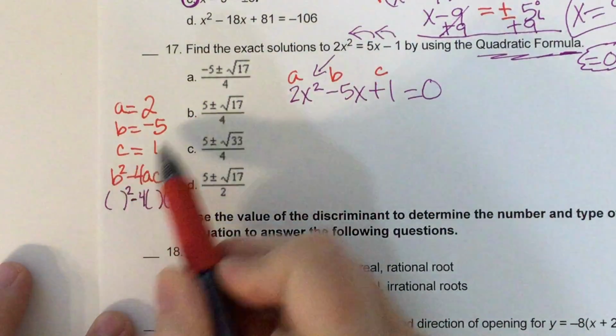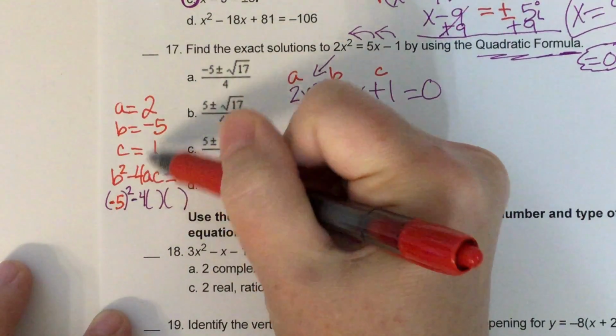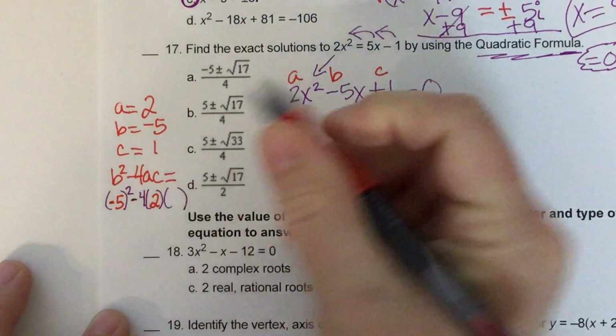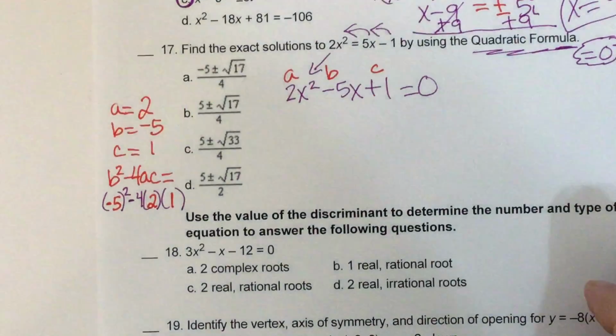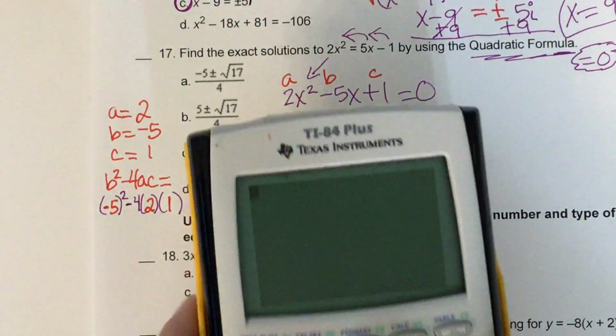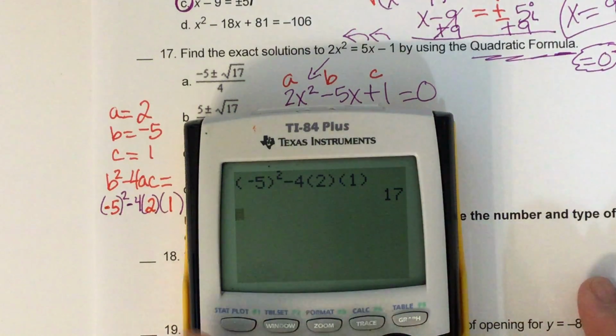So we said b was a negative 5. We said a was a 2. And we said c was a 1. Okay, so I'm going to type that in my calculator, just like I wrote over there. So parentheses, negative 5, close it, square it, minus 4, parentheses 2, parentheses 1. And when I calculate, I get 17.